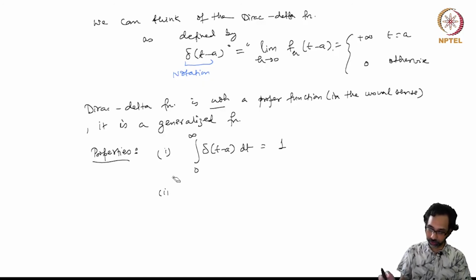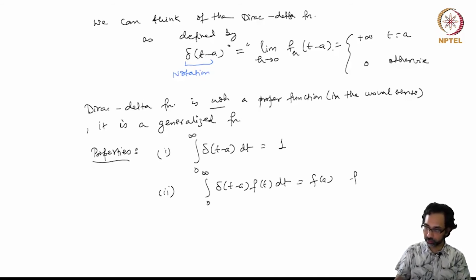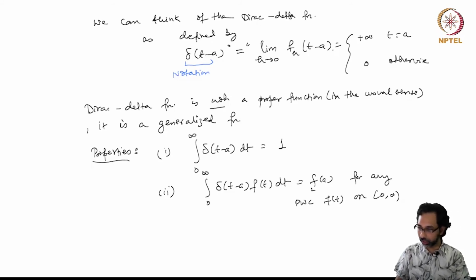The second property is that the integral from 0 to infinity of delta(t - a) f(t) dt equals f(a) for any piecewise continuous function f(t) on 0 to infinity. So it only gives you the value f(a).